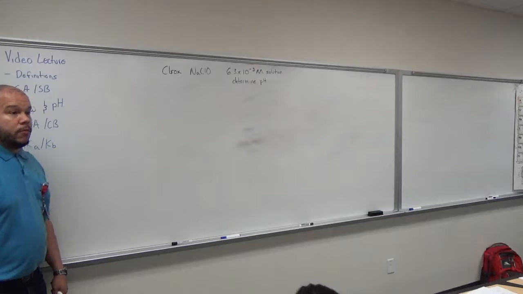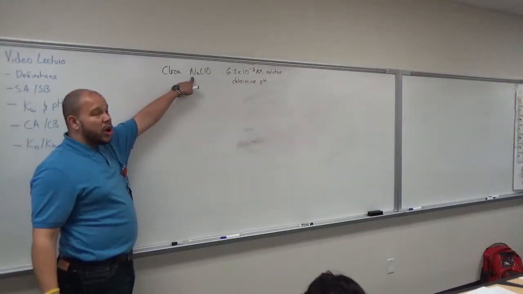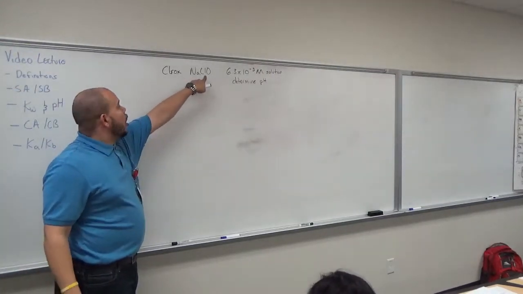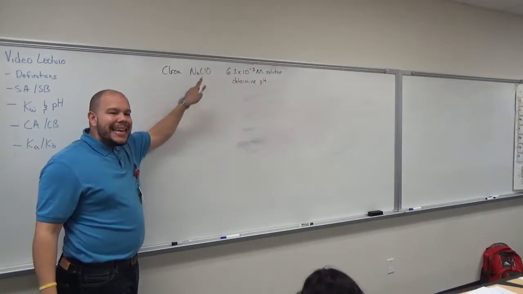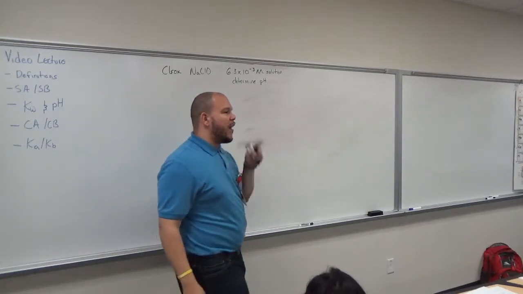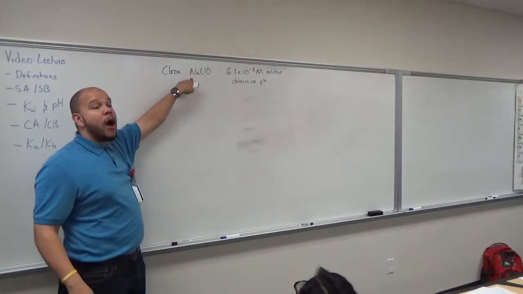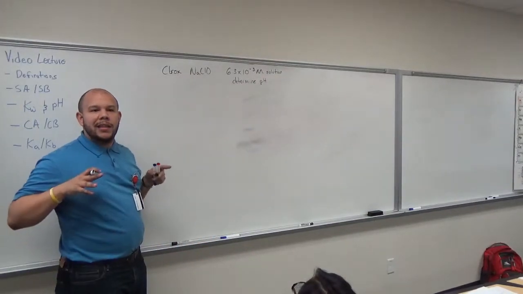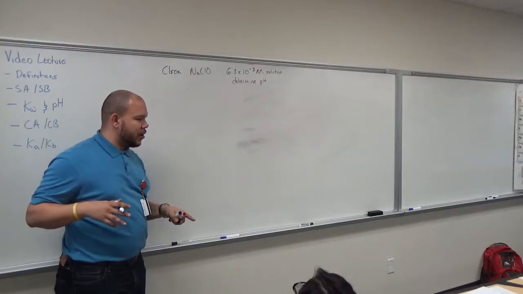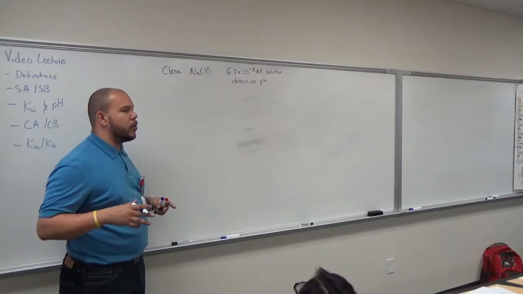Now, sodium is neutral. Hypochlorite is the conjugate of a weak acid. Most people's mistake or problem here is they're going to be like, sodium hypochlorite is not on my list, right? This is not on the equilibrium constant list.